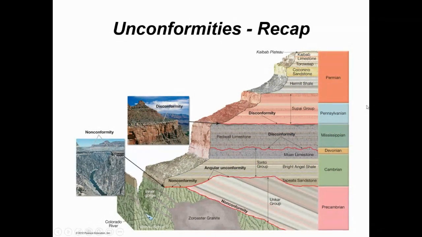So here we're looking at what's called the stratigraphy, basically the sedimentary rock makeup of the Grand Canyon. And what you can see is there's a whole lot of stuff. But of all this information, what's interesting is to point out some of the unconformities. So down here we have a nonconformity.